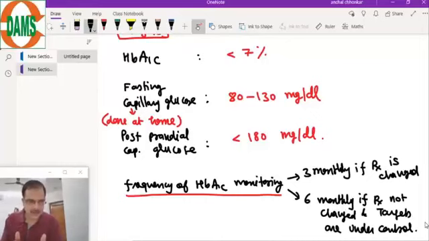If you read the biochemistry, then you will be able to understand the clinicals of ketoacidosis as a complication. So with this we finish the class for today.